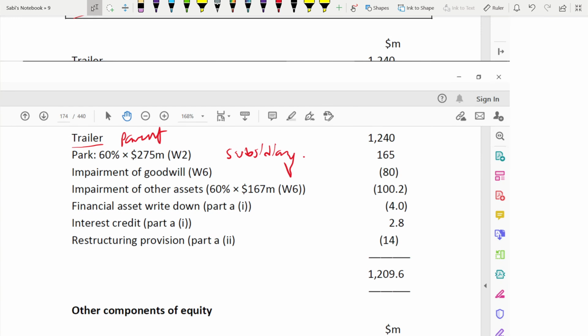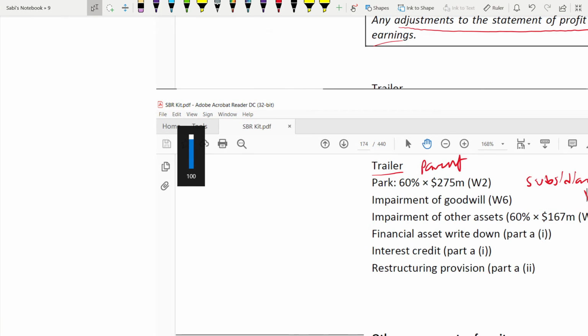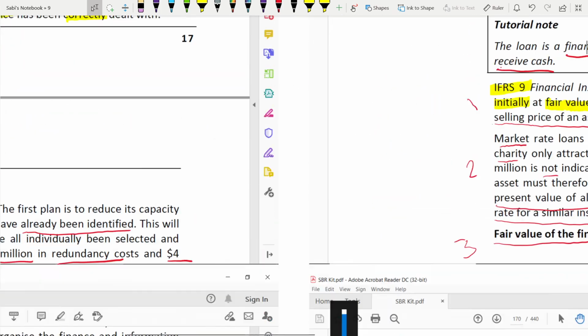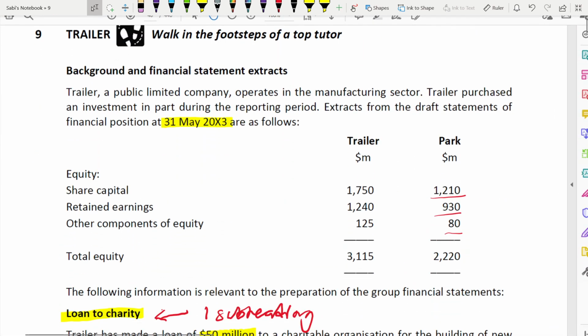Okay, so the rest all is for the subsidiary. It's like parent plus subsidiary. When you're taking the retained earnings, you take the parent's retained earnings completely, 1 to 40. It's not just 1 to 40 plus 930, nothing like that.